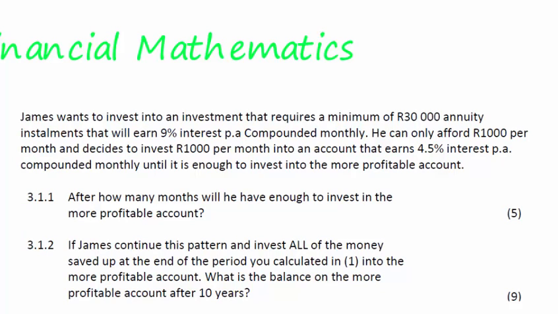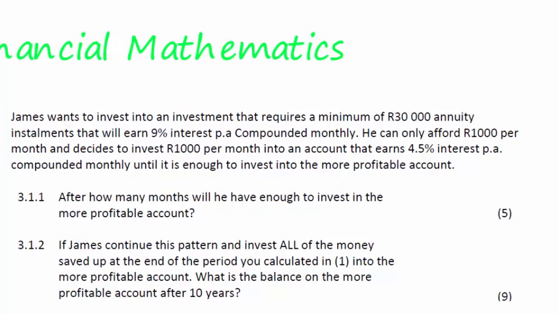He wants to invest 30,000 Rand, which is the minimum requirement for the investment, but he can only afford 1,000 Rand, so he invests into another account until he has 30,000. Then he invests the total into the more profitable account. Okay, that makes sense? So after how many months does he have enough to invest into the more profitable account?